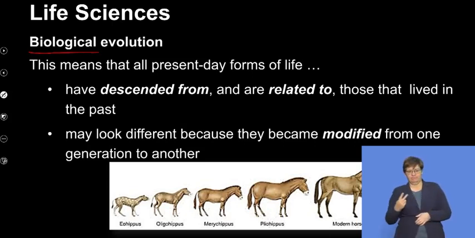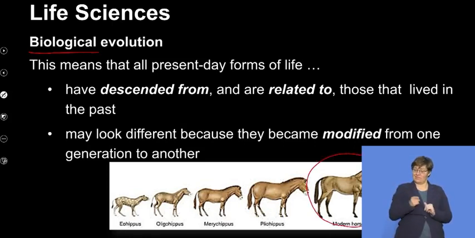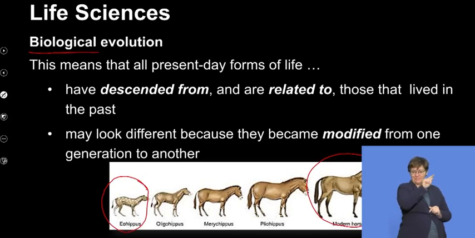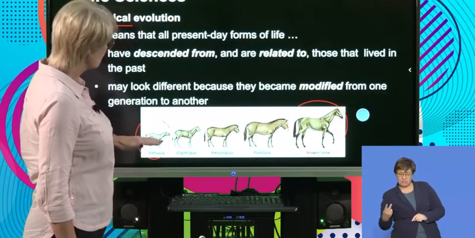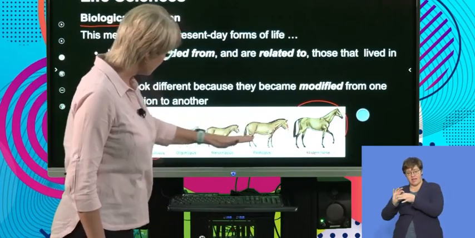So this modern day horse is related, and it came from this organism here at the beginning. So in other words, it has descended from this organism and is related to all of those that have lived in the past.